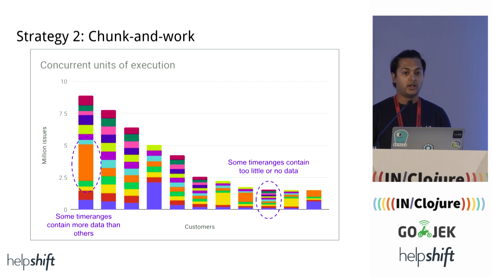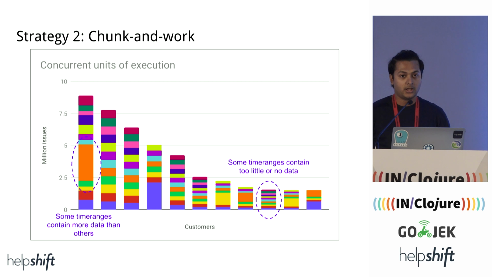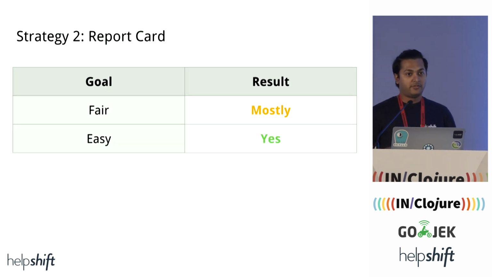It might be possible that the month of January has a lot more data than the rest of the months of the year. Conversely, it is also possible that some months may not even have data, but we don't know that in this solution. So although this job is mostly fair, assuming that in the limiting case, we will have mostly uniform data, it is still easy to understand because we are just splitting the input by time ranges.